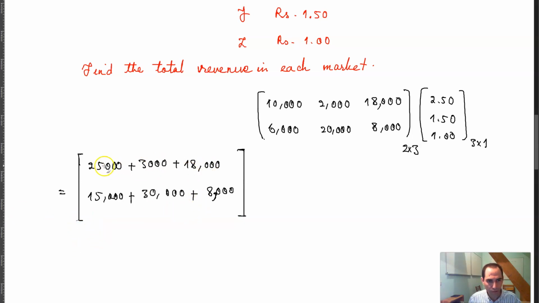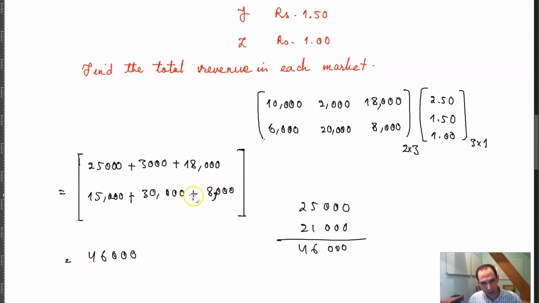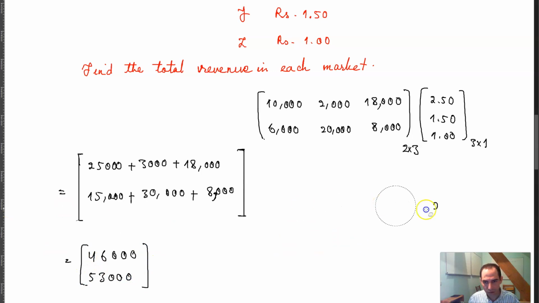And then what we have is that we need to add these numbers together. So this is 25,000, and that is 25,000 plus 18,000 plus 3,000 is equal to 21,000, and that's equal to basically 46,000. 46,000, and here you have 15 plus 8 is equal to 23,000. 23,000 plus 30,000 is 53,000. 53,000, and these are the revenues.